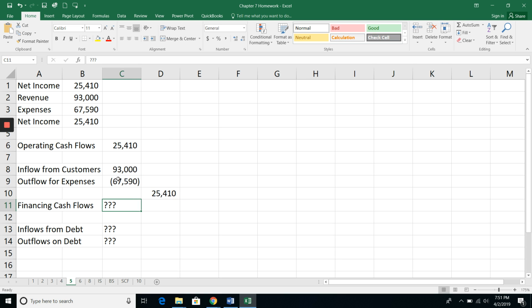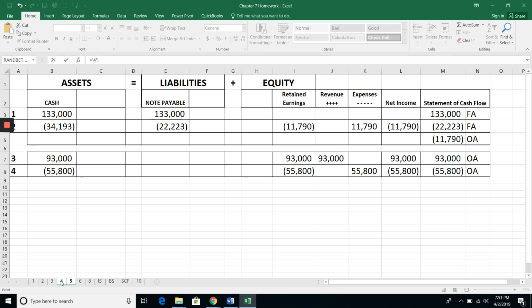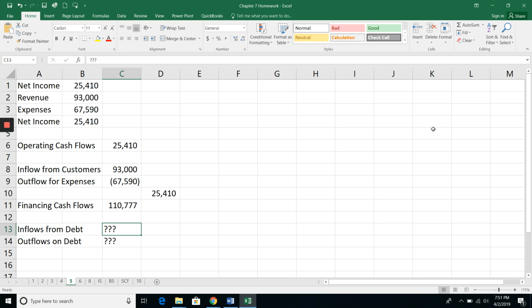Our financing cash flows. Well, let's go back to our framework again. We had the money that came in when we borrowed the money. We also had the money that went out when we paid our first principal payment on that note payable. So our financing cash flows was a positive of 110,777.